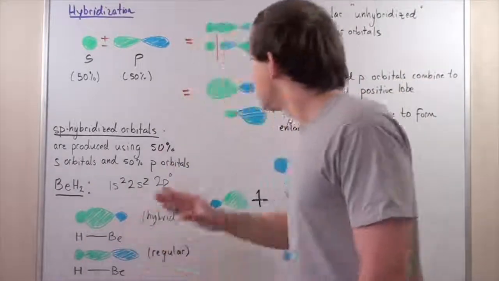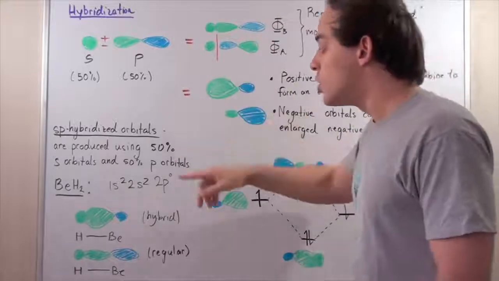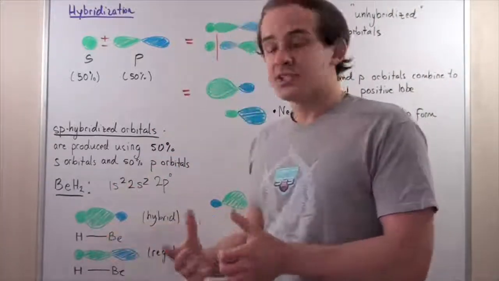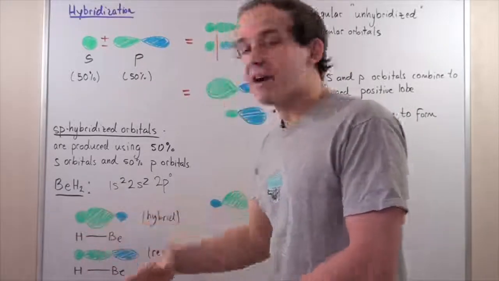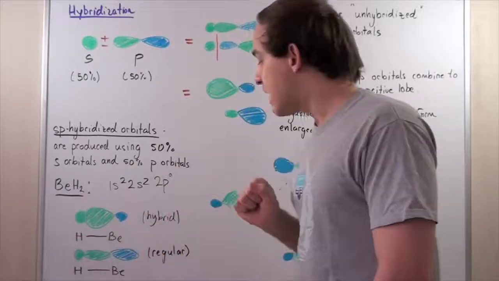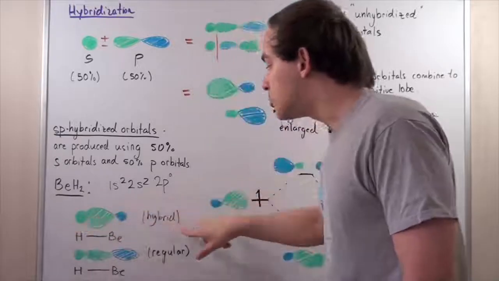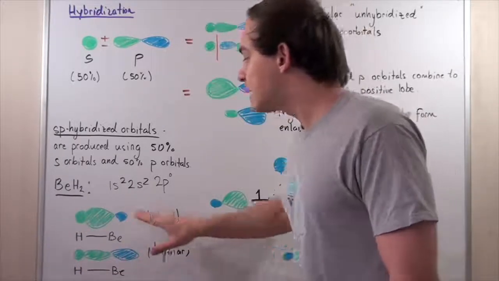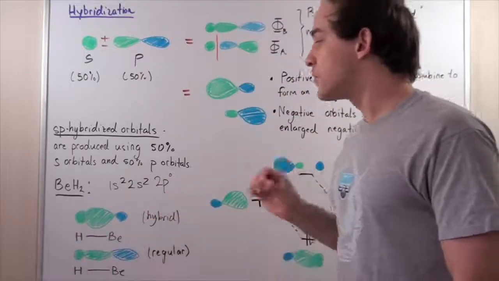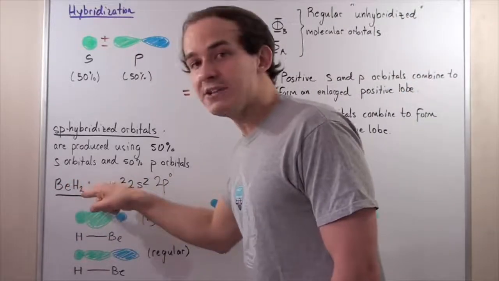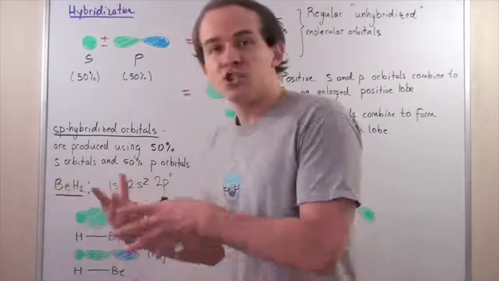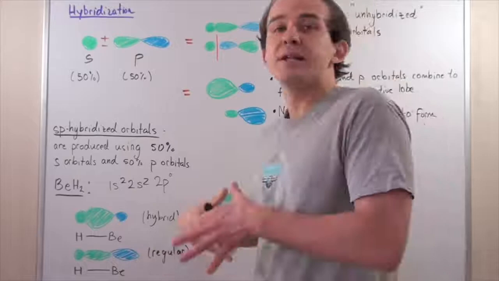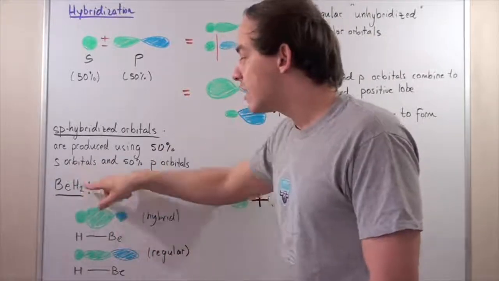Because we have a larger lobe, we have a better overlap, and so this is much more stable, and so this other case will not occur. We're going to have this type of bonding. In other words, when Be bonds to H, it creates a hybridized orbital which then bonds to the 1s of the H.